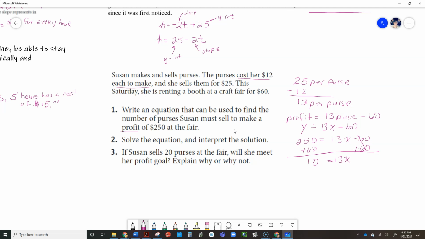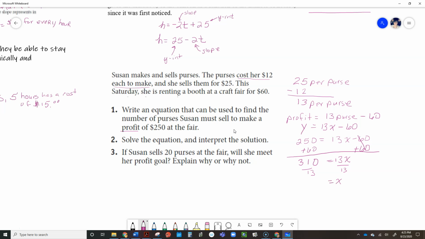That is 310. So she needs to sell $310 worth of purses to make the $250 profit, because she'll have to take the 60 away. All right, and then divide that by 13 to see how many purses she'll have to sell.